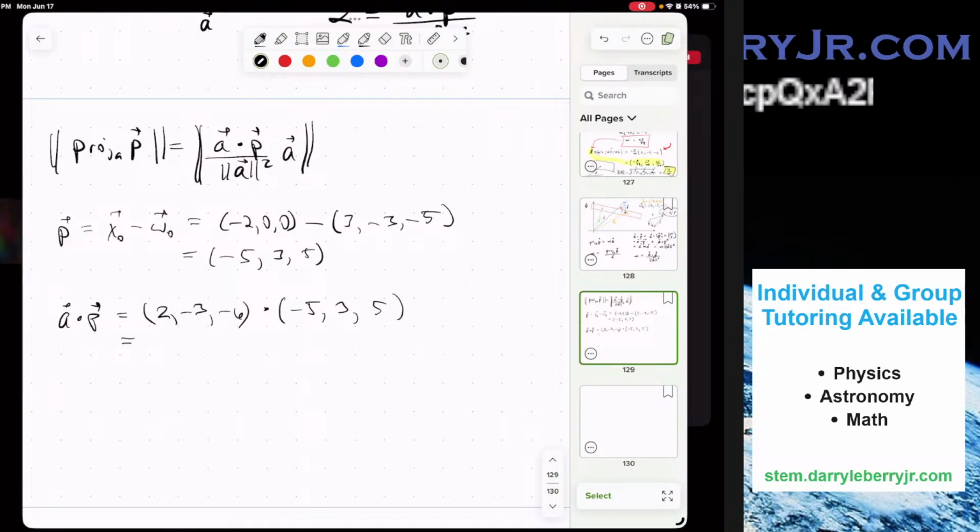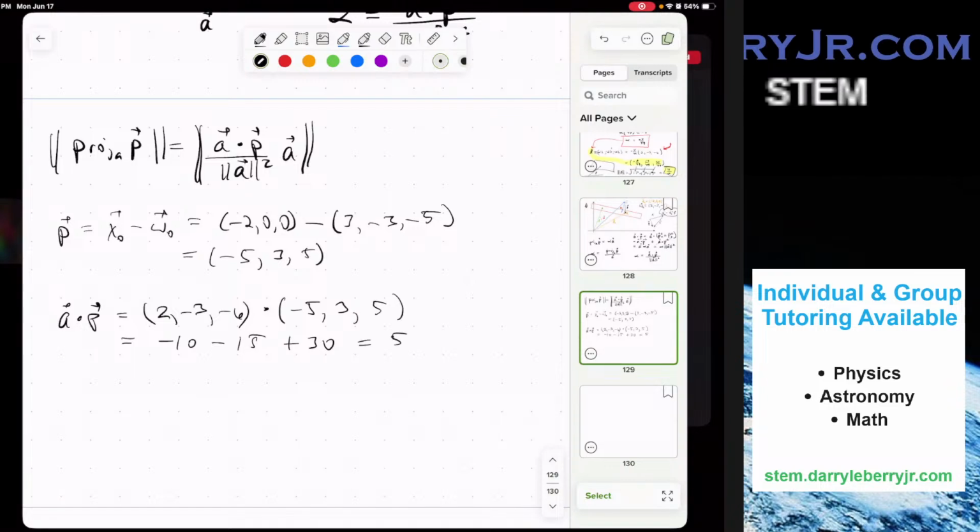So that equals negative 10 minus 15 plus 30. So that equals 5.